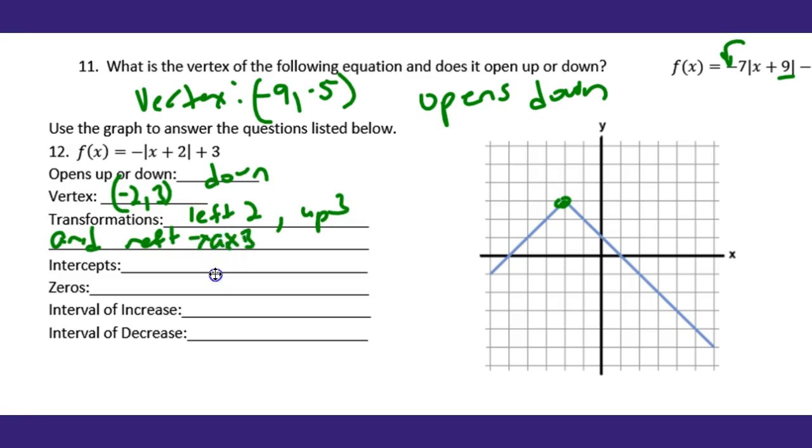The intercepts are going to be negative 5, 0 and 1, 0, and for the y-intercept we have 0, 1. My zeros are going to be x equals negative 5 and x equals 1.